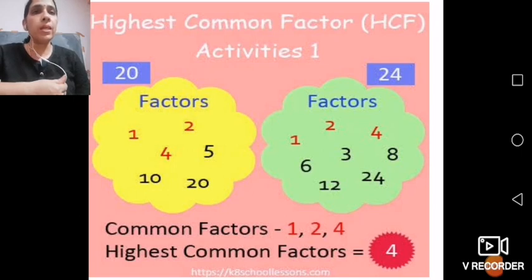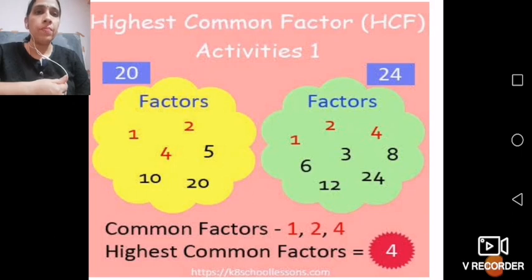Now here in this activity you have been given two numbers, that is 20 and 24. We will write the factors of 20 in yellow color balloons and the factors of 24 in green.